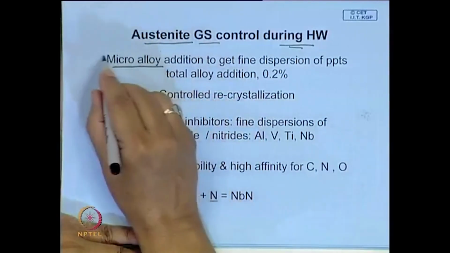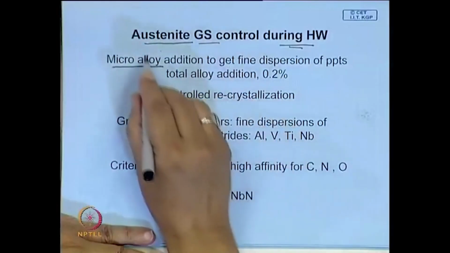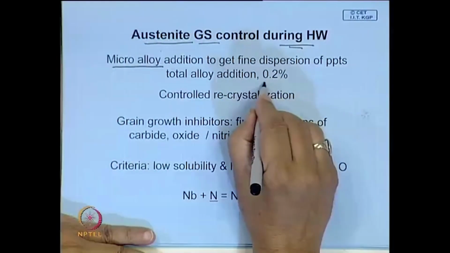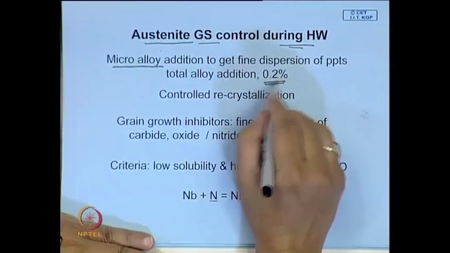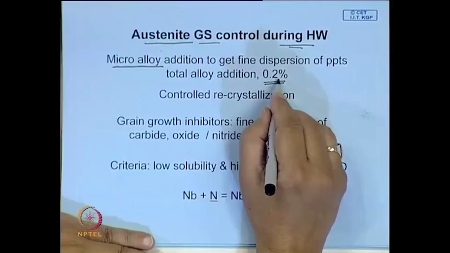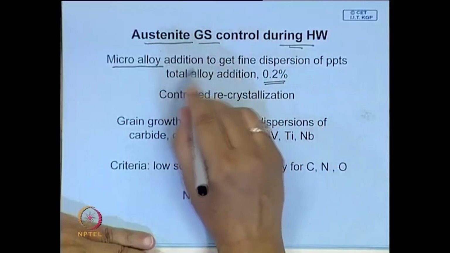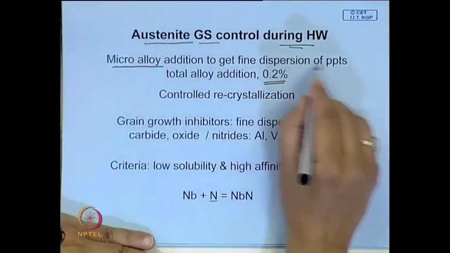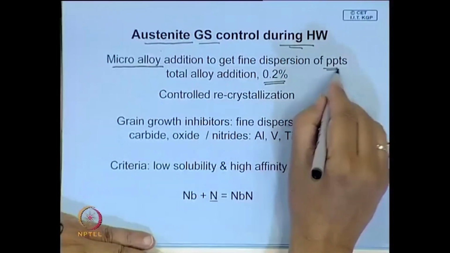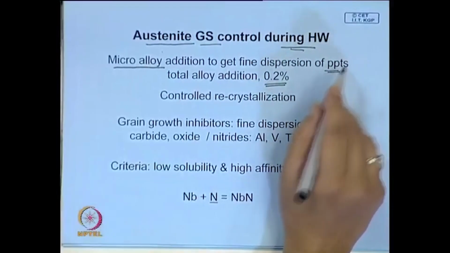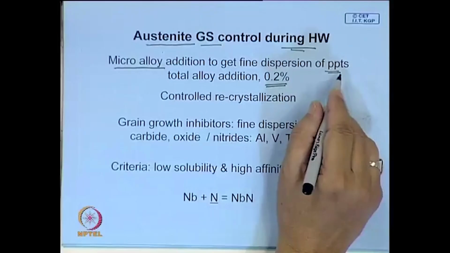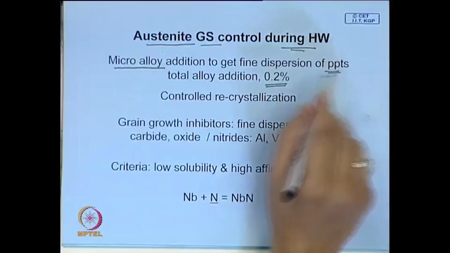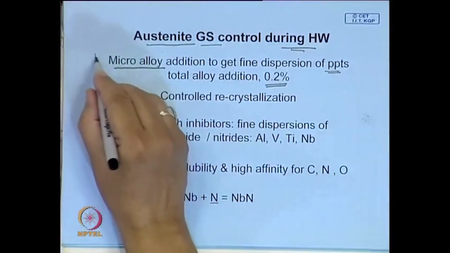And these alloy additions are called micro alloy additions. They are called micro alloy because total alloy additions may not exceed 0.2%. And these micro alloy additions form precipitates, particularly nitrides, carbides, oxides, and they block the movement of austenite grain. So, this is one important method.